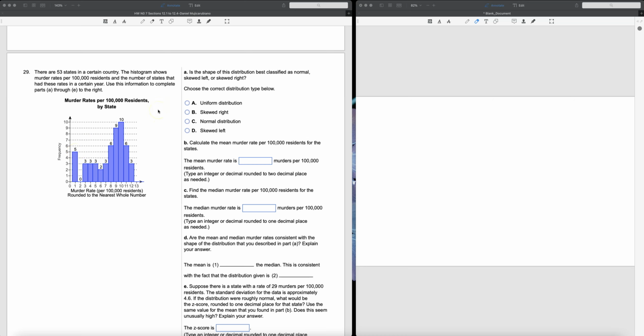Okay, so the outcomes are murder rates, and these numbers that you have here are the height of this bar, which is the frequency. For instance, 5 is the height of this bar. It's just to help you, right? So this is the frequency.